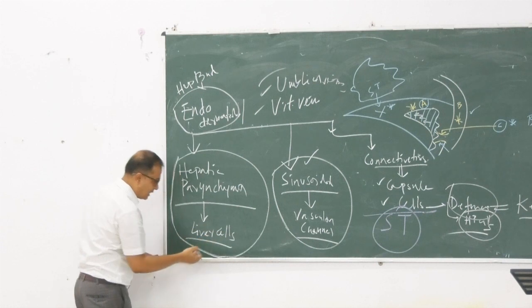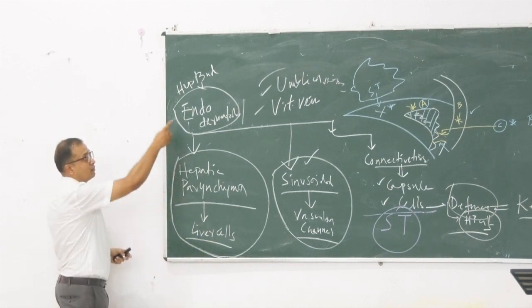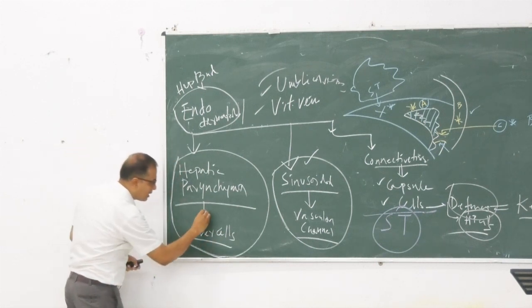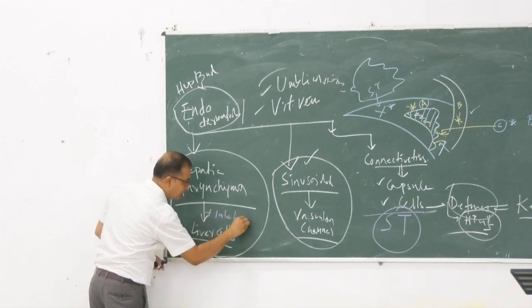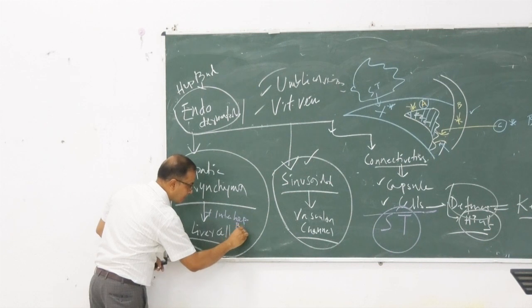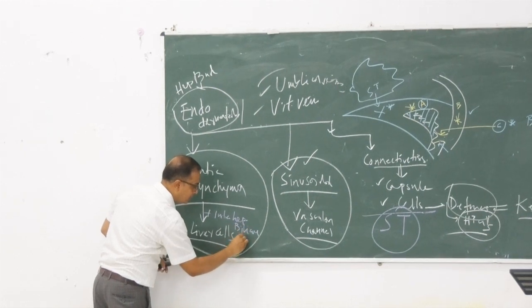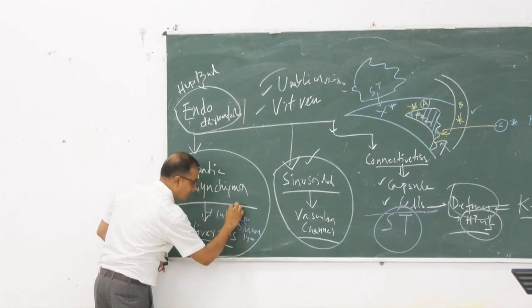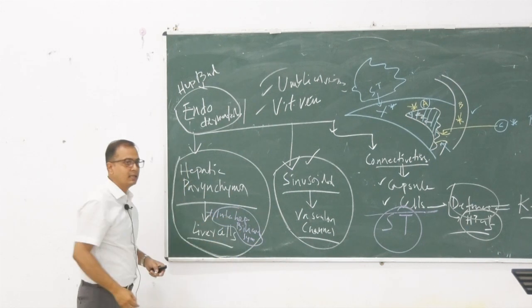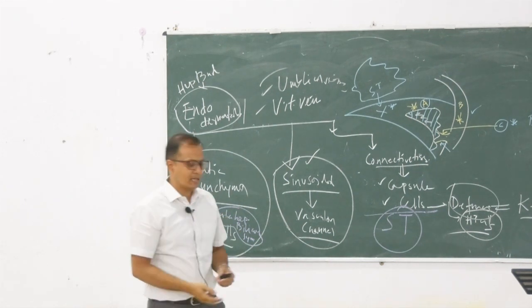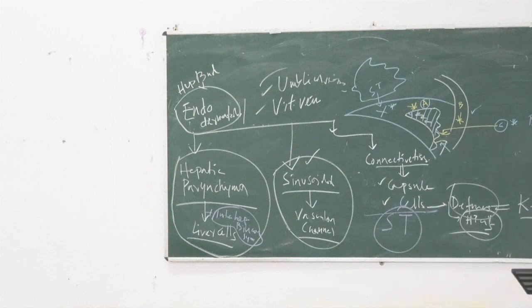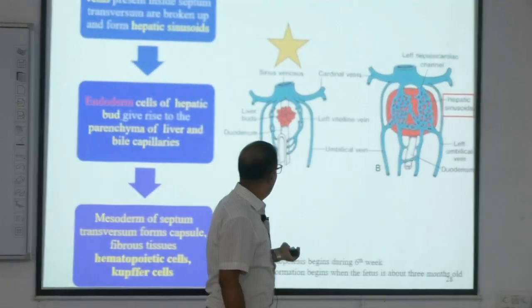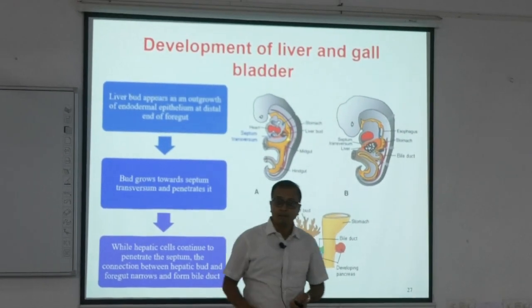So these liver cells, which develop from the hepatic bud, plus the intrahepatic biliary system, the minute biliary channels into which the hepatic cells dump their excretory products. So this is the whole formation of the liver.